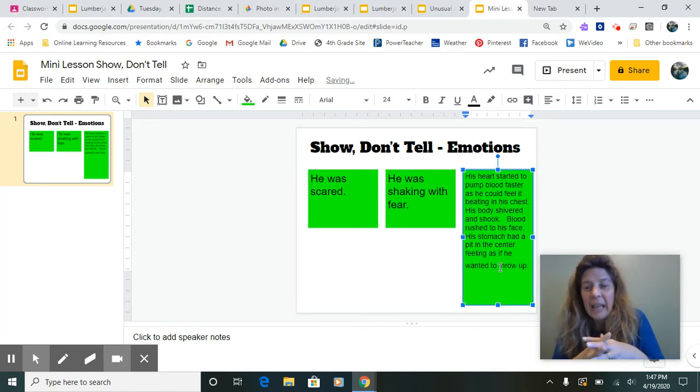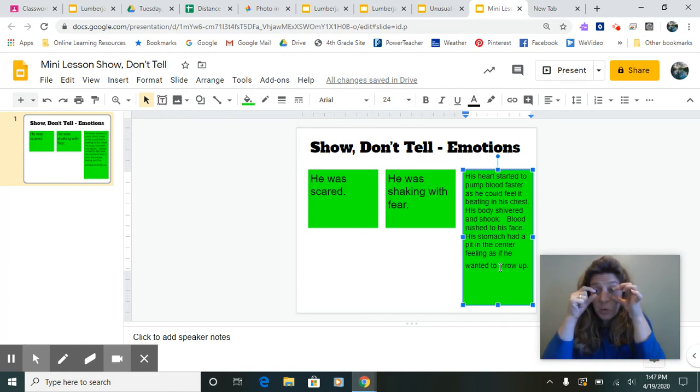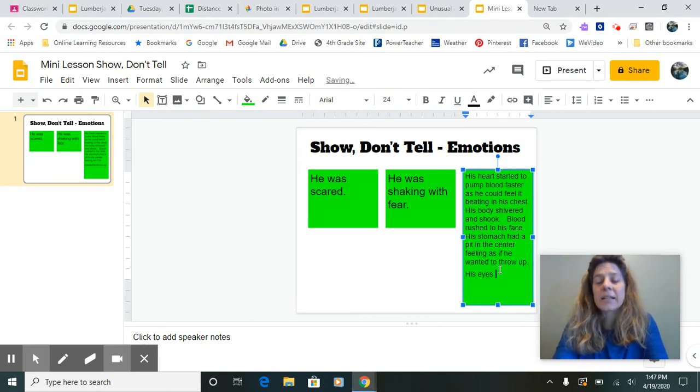Ugh. And then the last thing I thought about, my eyes get really wide as I stare at whatever scares me. So I'm going to have my character's eyes. His eyes got wide as the black parts, ooh, staring at her.